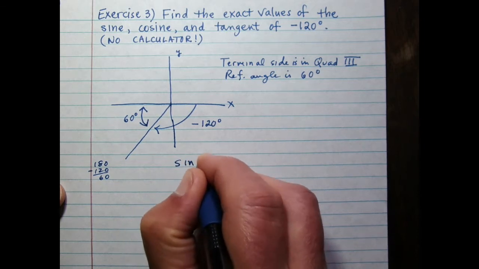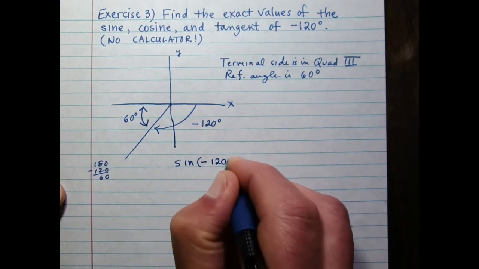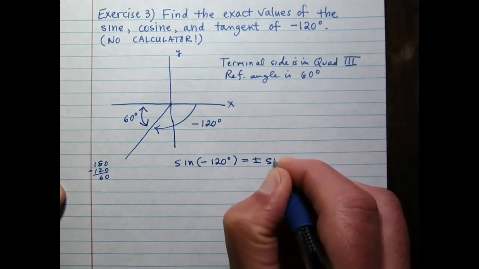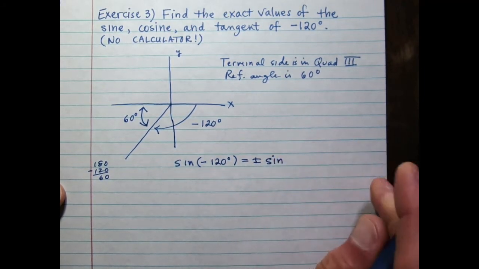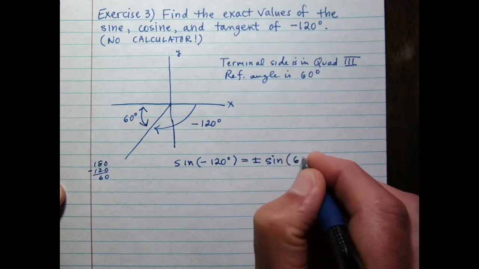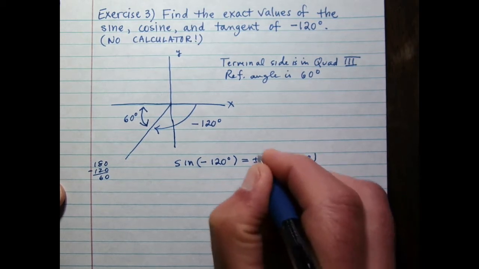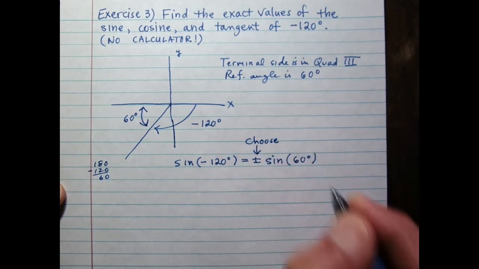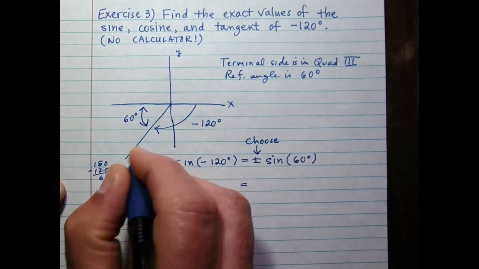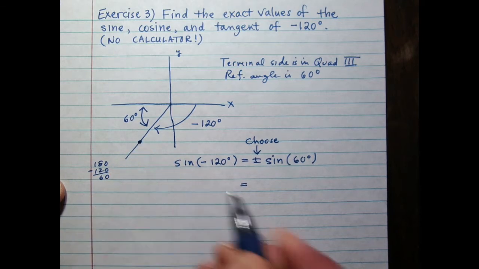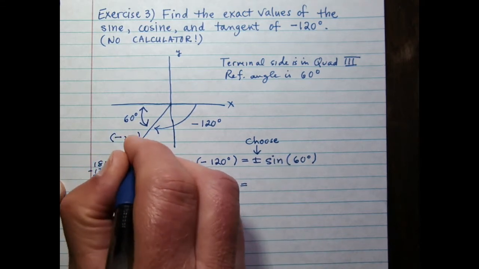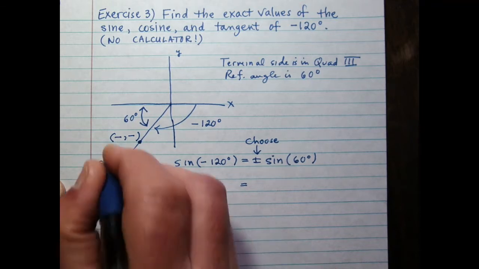So let's go ahead and do our trig function values now. The sine of negative 120 degrees is going to be plus or minus the sine of its reference angle, which is 60 degrees. And here we've got to choose, plus or minus. Now, we're in quadrant 3. If I just pick a point on that terminal side, both the x and the y coordinate are negative.